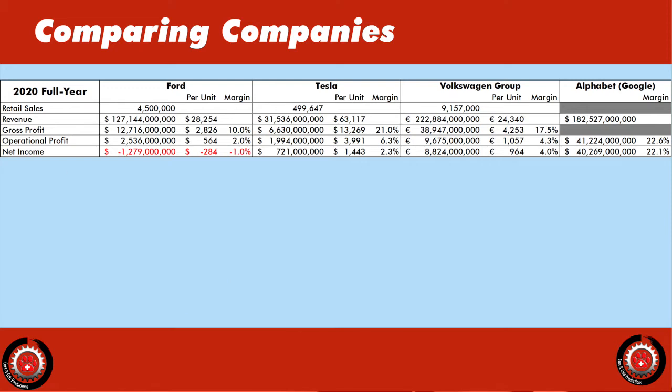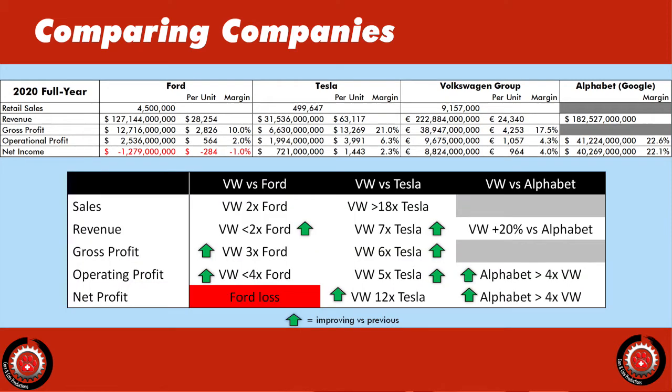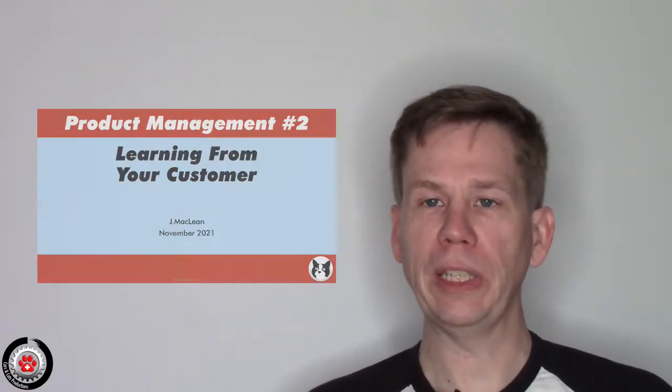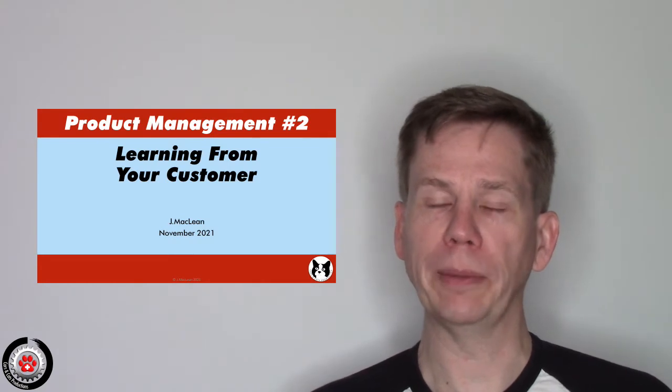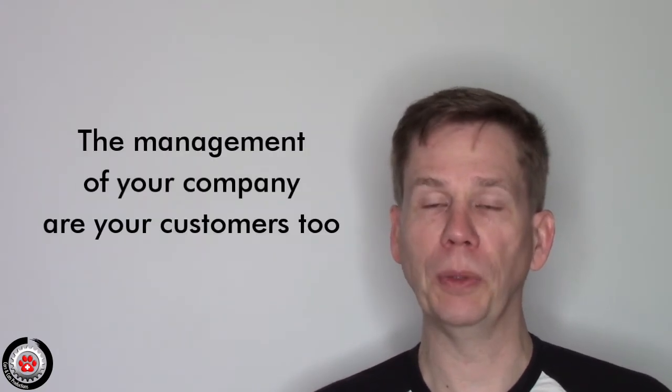This is really interesting because you can see interesting things from your competitors: the strengths and weaknesses of Volkswagen versus Ford versus Tesla's business models, and for example, Google's tax plan, the difference between operational profit and net income. But also, we spoke earlier about how it's really important to understand your customers, and the management of your company are your customers too.